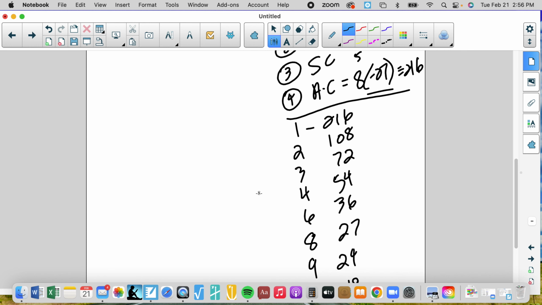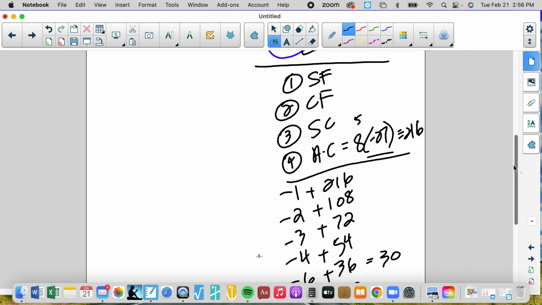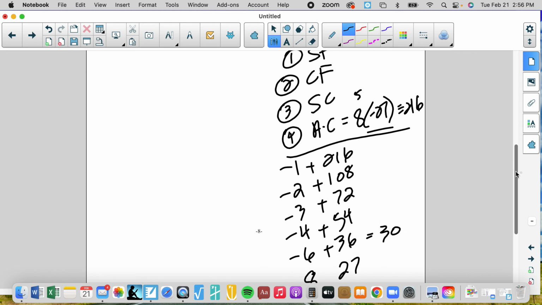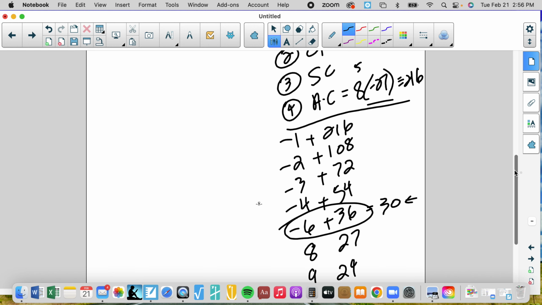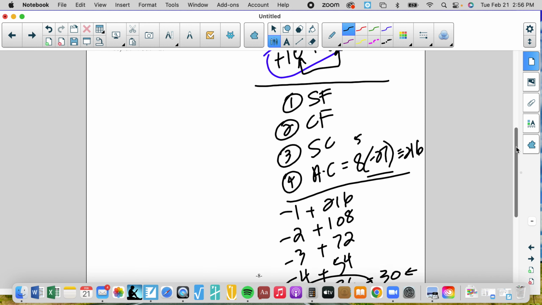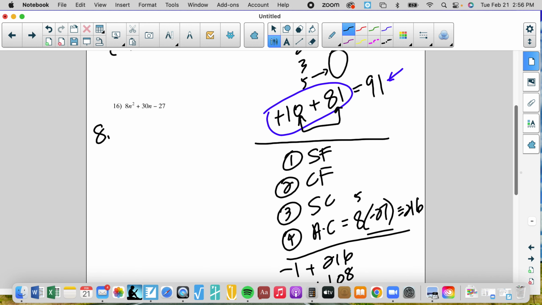So signs are different and the bigger is positive, and we need them to equal 30. That was my middle. Pretty certain it was 30. So here's my pair. I can stop right then and there. Negative 6, positive 36, minus 27.